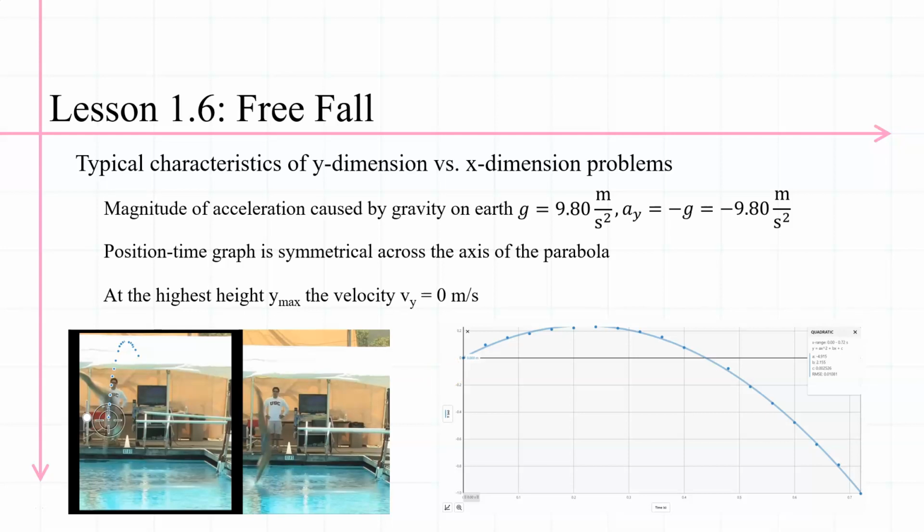Now, we could still maybe use the fact that the diver did reach a highest point at which her velocity was 0 for a moment to figure out some of the physics.